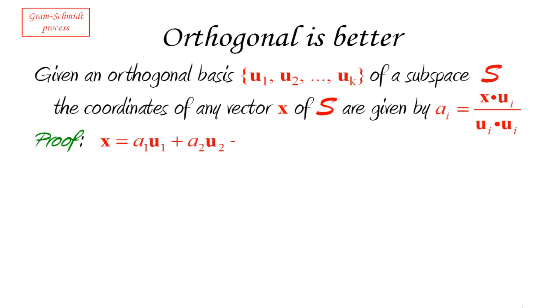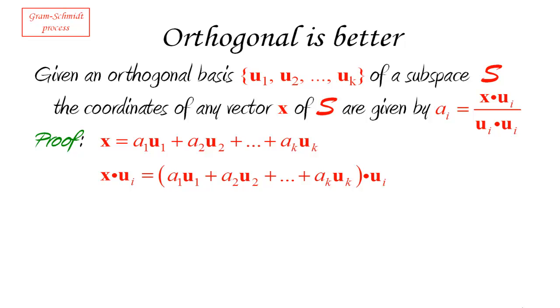Well, let's say that I have a vector x, and I know that this is a linear combination of u1, u2, ..., uk. Remember, our purpose is to find out what the coefficients a1, a2, ..., ak are. So let me take the dot product of x with any one of those ui, those basis vectors. By definition, this is the dot product of the whole linear combination with ui.